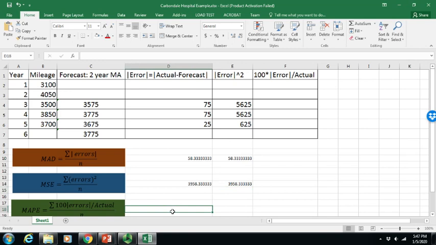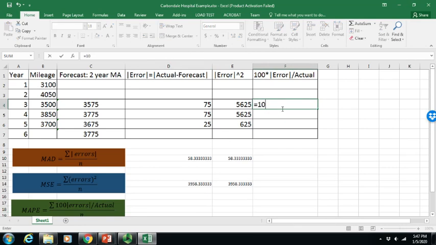So the last measure is mean absolute percent error. It says multiply the error by 100 and then divide by actual. So come over here.